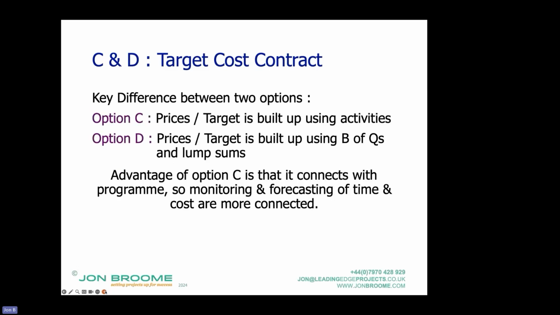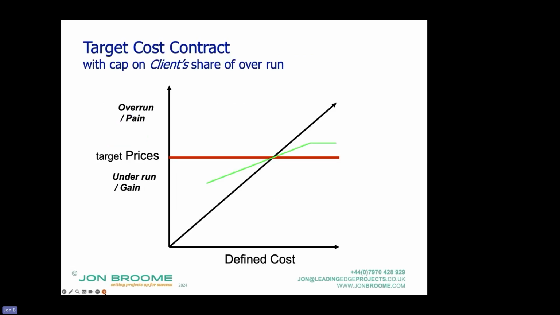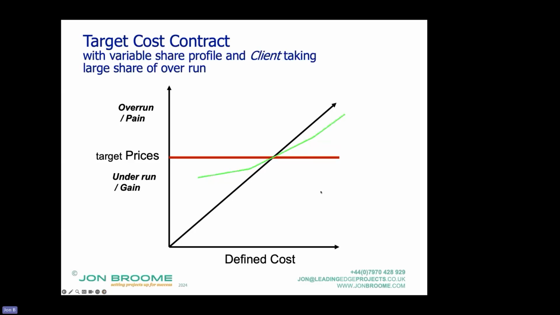So moving on from that one, this is a pain gain profile where the contractor's taking the majority of the overrun. And this is the other one where the client said, much like my water company example, we're a big utility. We pretty much know what money's coming in, year out.